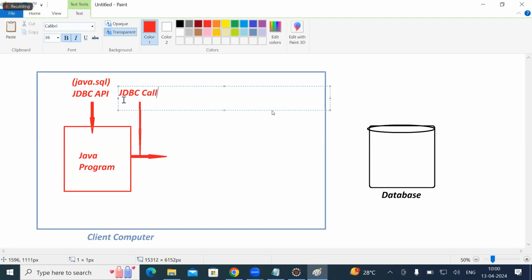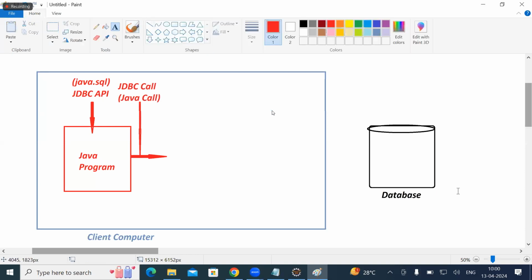Some materials will write it as a Java call. Java call means the request is coming from a Java program. We call it a Java call. I want JDBC, Java Database Connectivity.